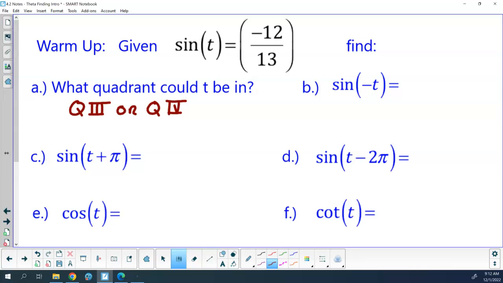Based off of our identities, or off of your trig identities sheet, what is the sine of negative t equal to? I want to say it's number 2. Negative sine of t.